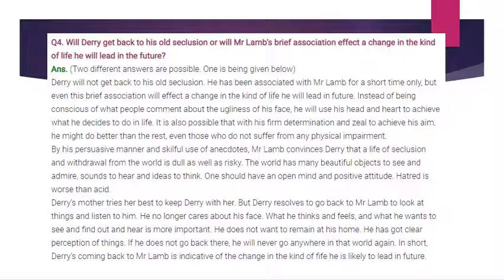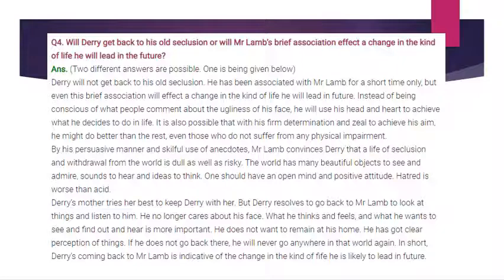Now, for this question, there can be one more answer. Here one is given and another one that you can think over. Here Derry will not get back to his old seclusion. Here Derry will remain as he was earlier because the one who has transformed him is dead, and it was a brief association.